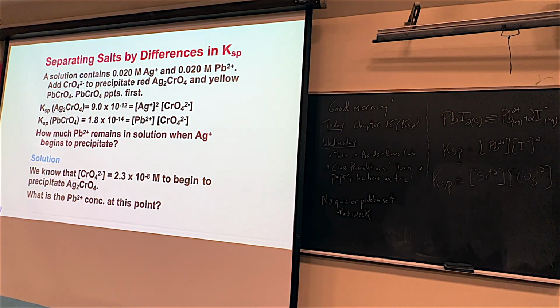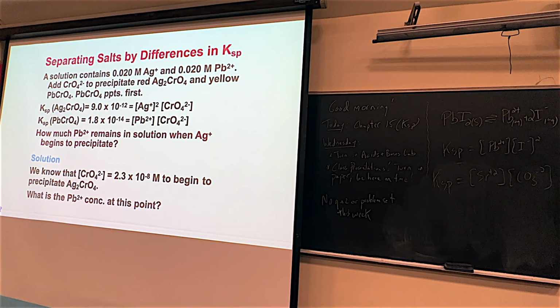Like it was 0.020, how much is left when the chromate is at this point? And remember, as chromate goes up, your lead ion concentration is going to go down because you're going to make PbCrO4. That's no longer solution lead, that's solid lead. So how much of this stuff is left?